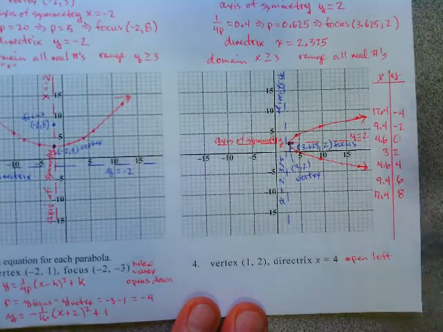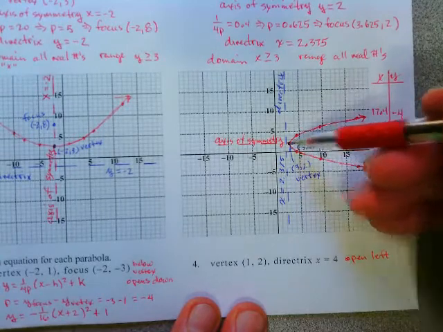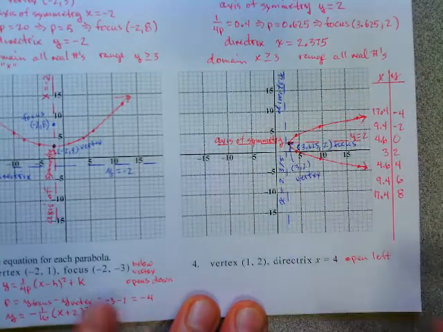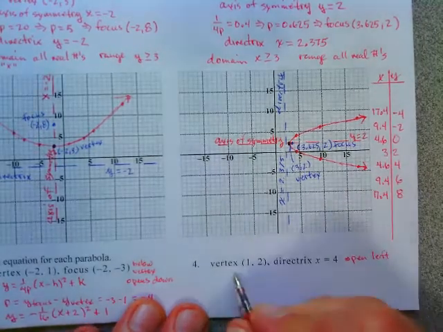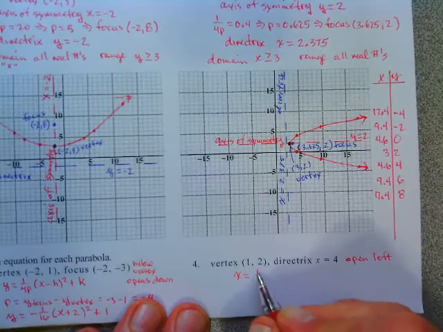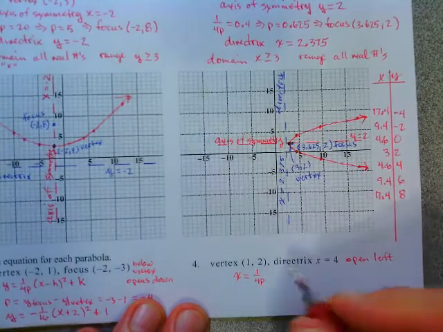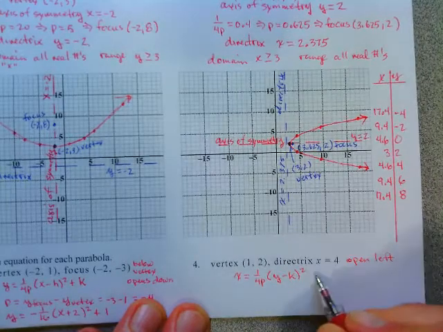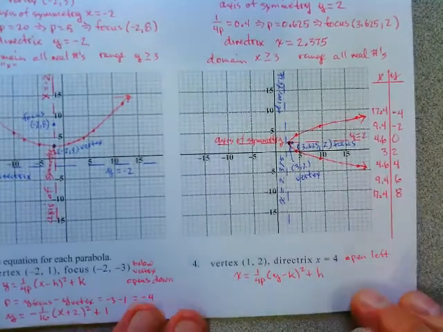Again, because that tells me the vertex is like here, but then the directrix is over in this direction. So, again, using our horizontal parabola form, 1 over 4p, and then y minus k squared plus h.